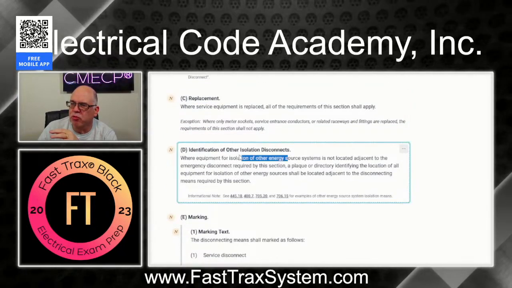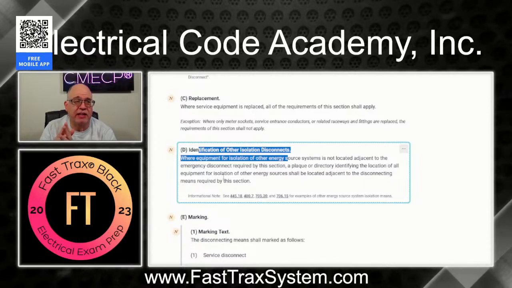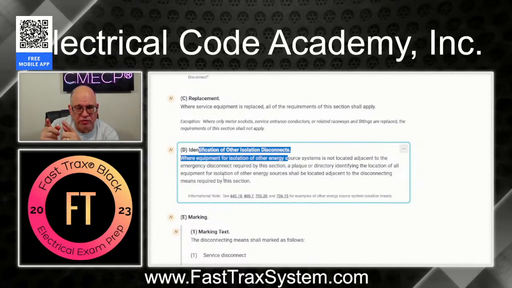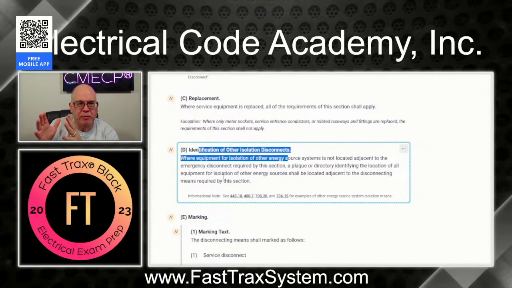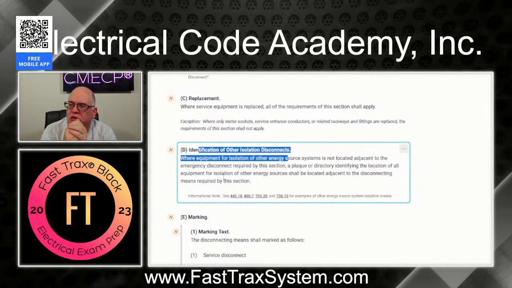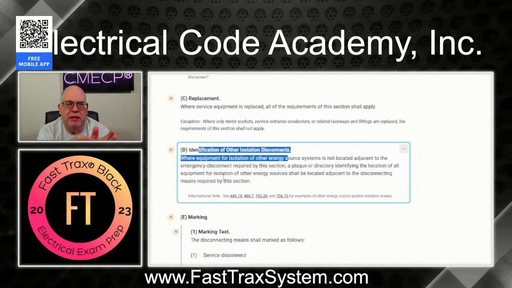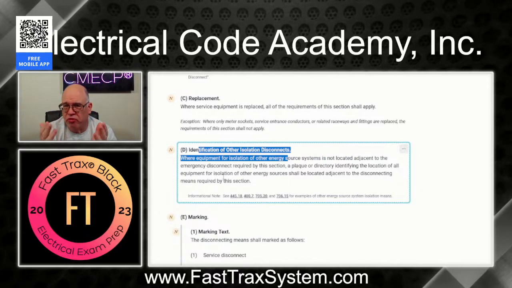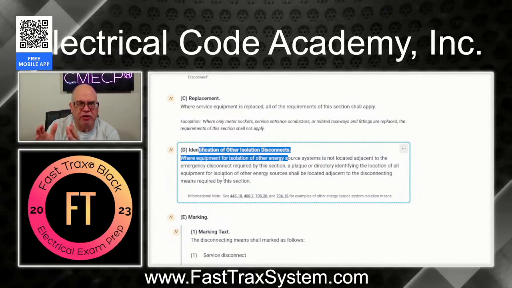We do have this new rule for identification of isolated disconnects. This is an example where you have your emergency disconnect for the service, where you're coming into the building. You might have a PV or a generator isolated disconnect somewhere else on the structure. It's not grouped here.